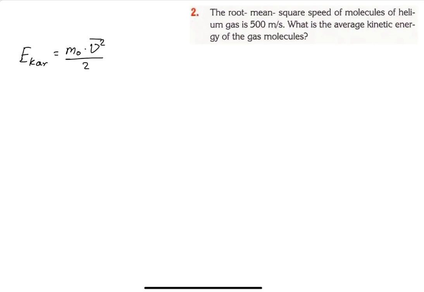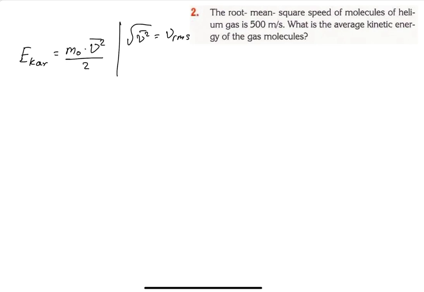Here the average velocity squared is not given, but instead the root mean square velocity is given. We can substitute it in this way. We know that the square root of the average velocity squared is actually V_RMS.